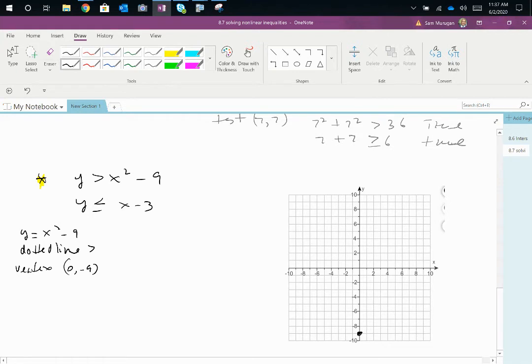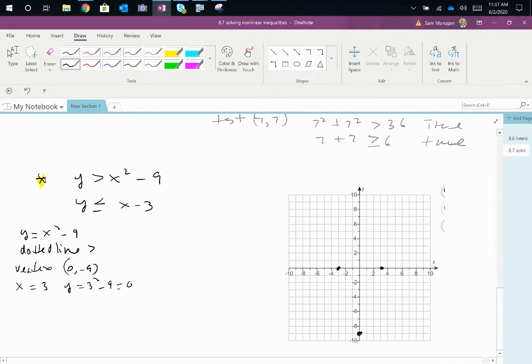And then we pick a point perhaps to the left and to the right. You can immediately see that when x is equal to 3, y is equal to 3 squared minus 9, which is 0. So we have positive 3 and negative 3.